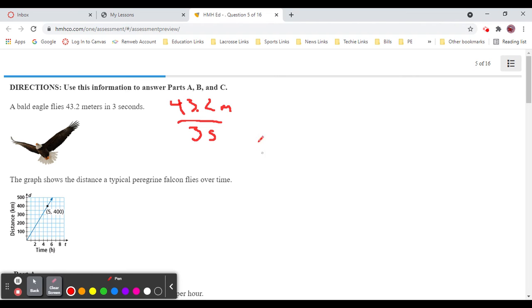I'm going to go through the whole conversion, so we multiply that times 60 seconds in 1 minute, and then 60 minutes in 1 hour.